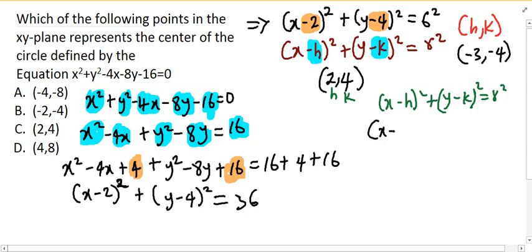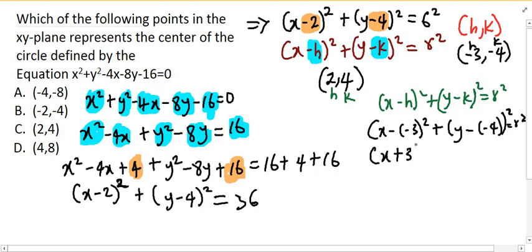So x minus h, and comma k, right? So our h becomes -3, squared, plus y minus minus 4, all squared, equals r squared. So from here we have x minus minus is plus 3, all squared, plus y minus minus is plus 4, all squared.